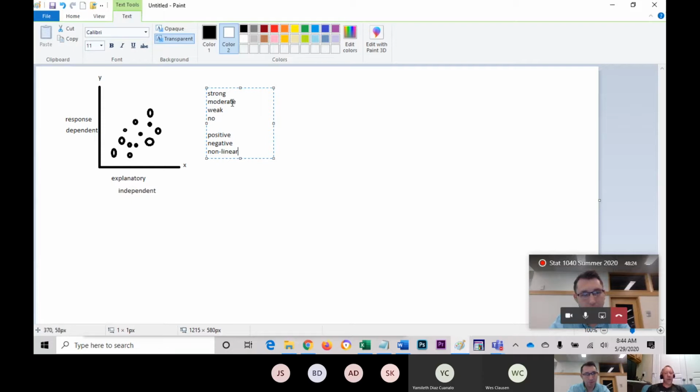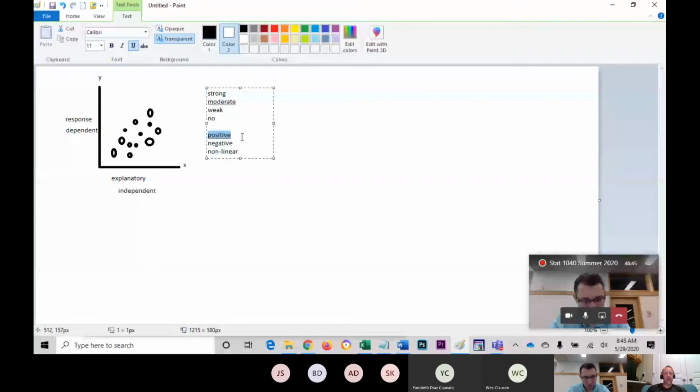I'd probably go with, yeah, moderate. I would agree with you. That was Easton, right? Moderate and positive. Okay. Sometimes it can be hard to check these. You could maybe argue weak, but I would probably go with moderate on this, and definitely positive.